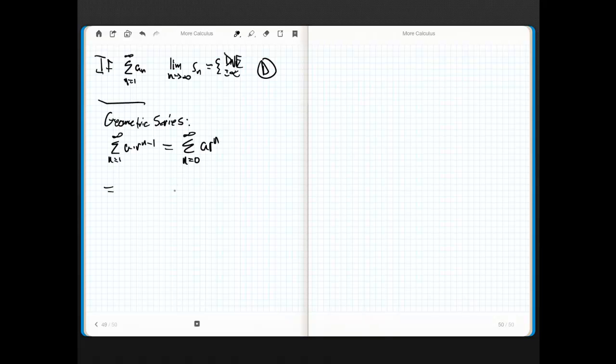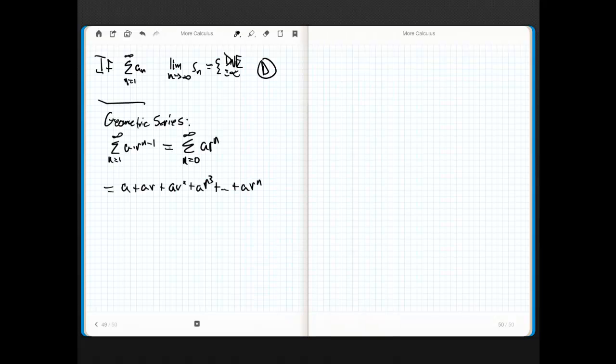If I just start listing terms, when n is 0, r to the n is 1, right? a times 1 is a, plus, when n is 1, this is r to the first, so a times r to the first. This is ar, plus ar squared, plus ar cubed, plus dot, dot, dot, plus ar to the n.